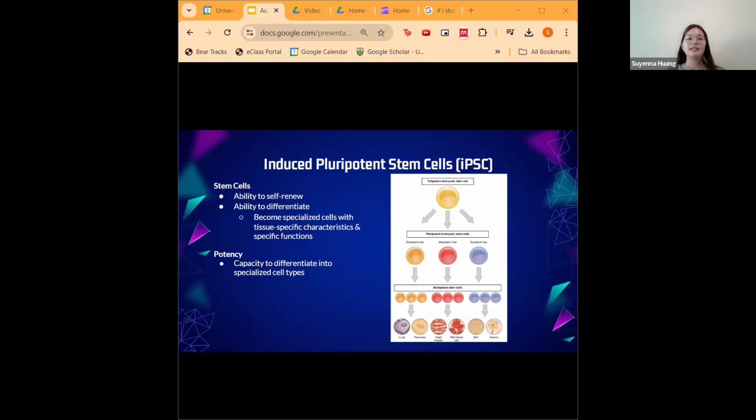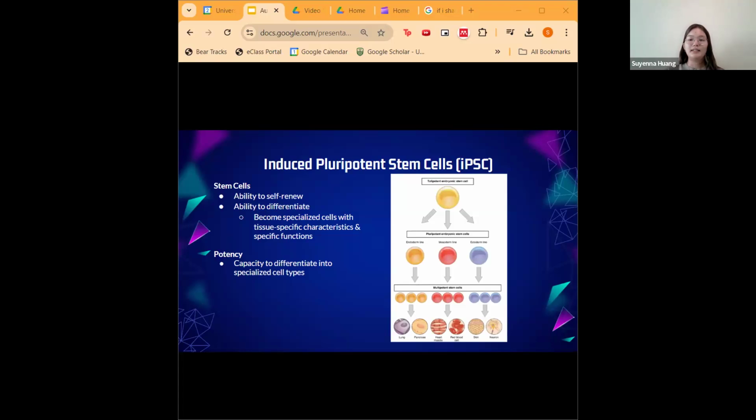So in some organs, like in the intestine, the cells that line your intestine, otherwise known as the epithelial cells, they're regenerated by a pool of stem cells. So when those epithelial cells die, new ones can be replenished. As well, stem cells have the ability to differentiate, so they can become more specialized cells with more specific characteristics and functions of the organ that they're becoming.